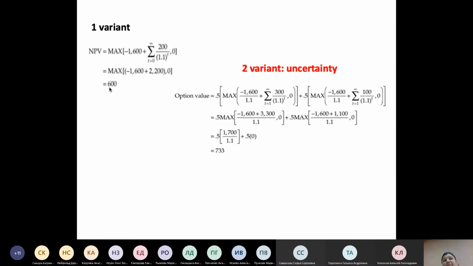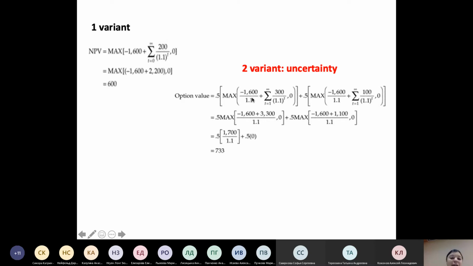If we are ready to wait 1 year, our benefits will vary from 100 to $300 with the same probability. In other words, it will be 50% probability of the maximum between minus 1,600 divided by 1 plus 10%, as we will invest in 1 year.